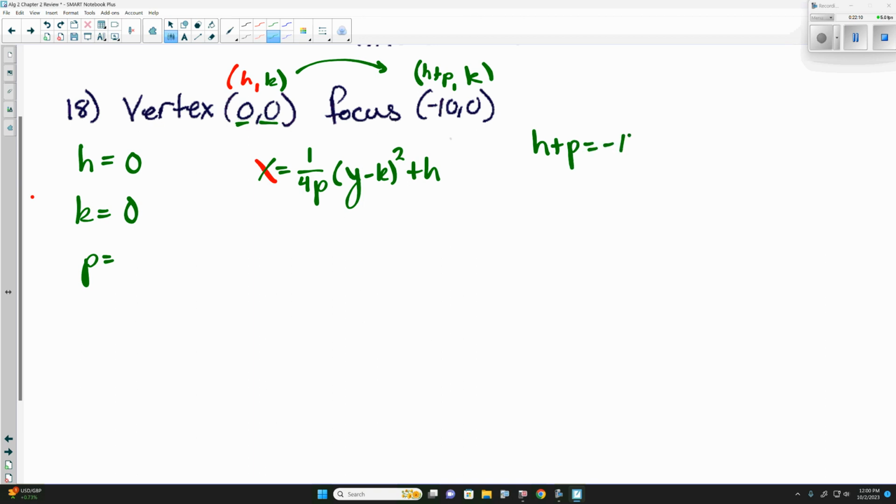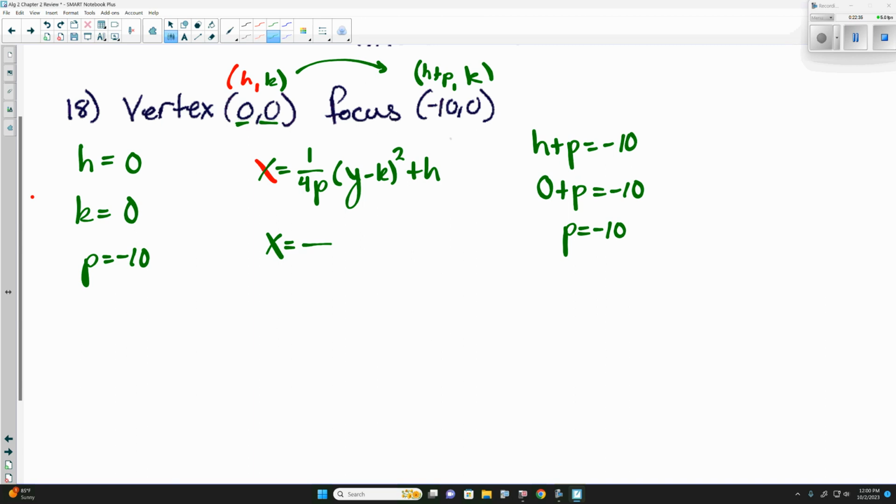And according to the focus, whenever I add the values of h and p together, we should get the value of negative 10. But we already know that h is 0. So 0 plus p is negative 10, which is telling us that p is negative 10. So we're saying h is 0, k is 0, p is negative 10.